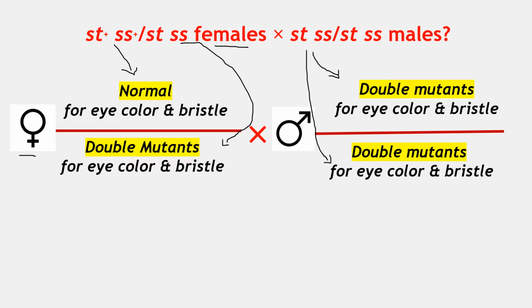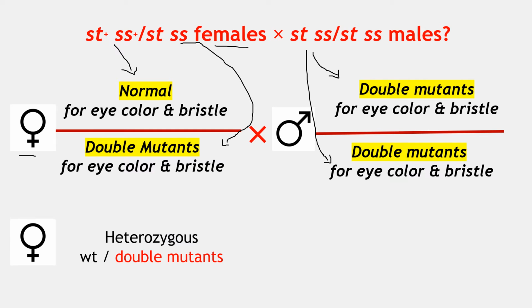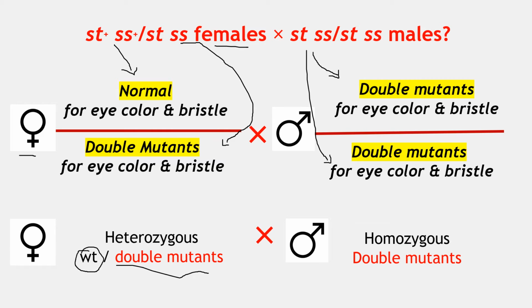In other words, to simplify this more, the females are heterozygous. One has a wild type, and the other one is a double mutant, while the males are homozygous. Both are double mutants. You find double mutants in both chromosomes. Okay, so that is important.